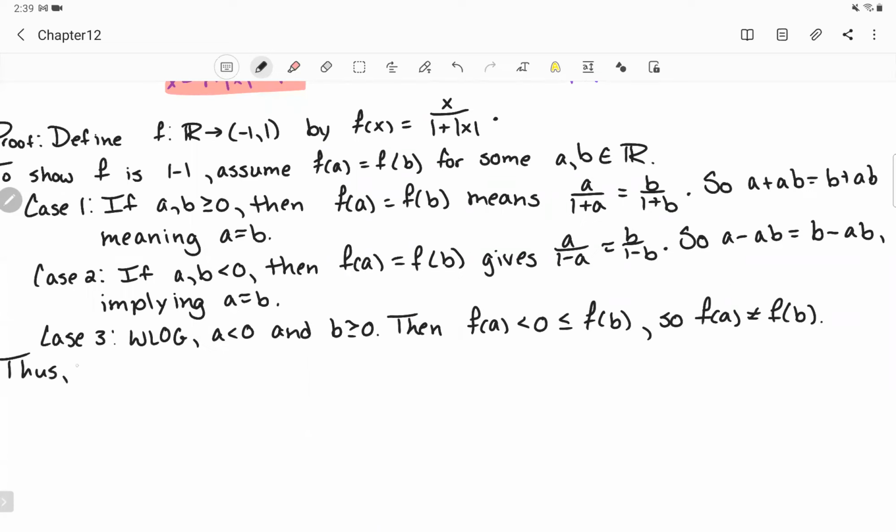Thus, in all possible cases, a equals b.